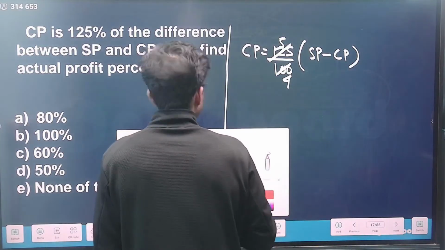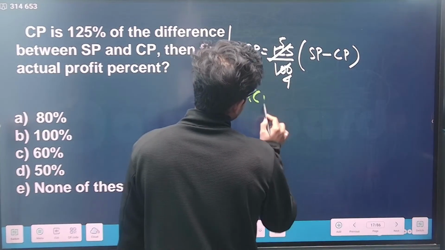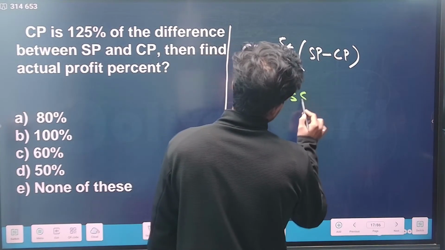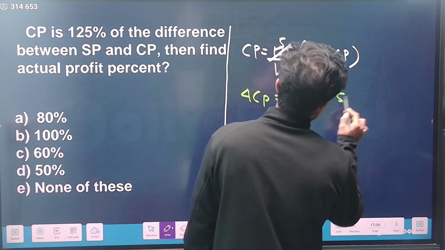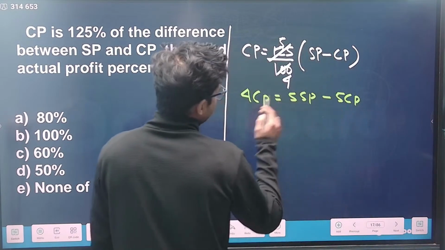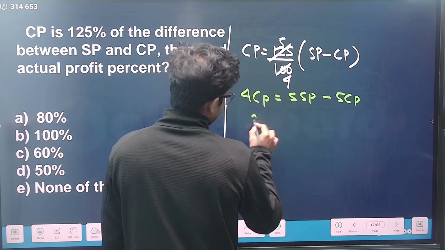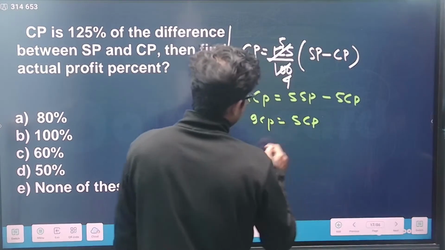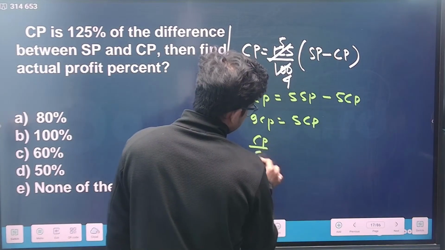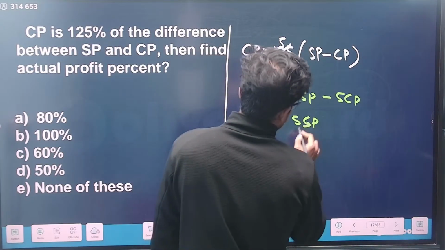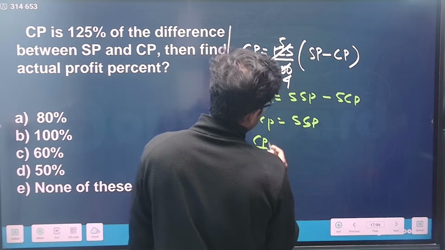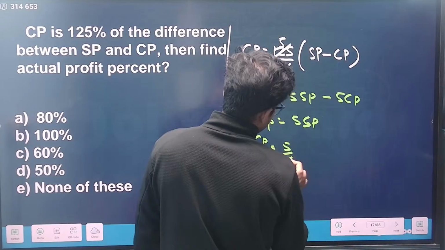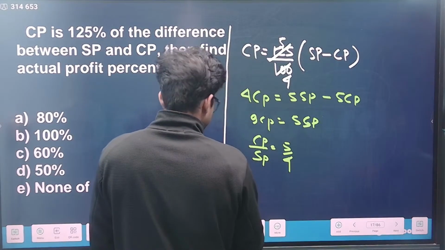I know that 4 CP is equal to 5 SP minus 5 CP, correct? Now CP gets this out. This would be 9 cost price is equal to 5 selling price. Now I can write the ratio of cost price to the selling price. Now the ratio of cost price to the selling price is 5 by 4, correct? Sorry, 5 by 9.